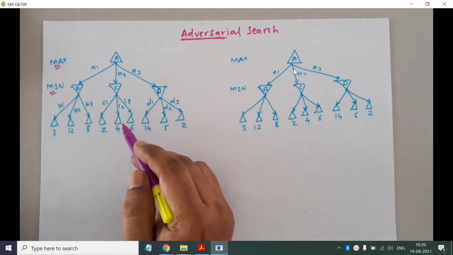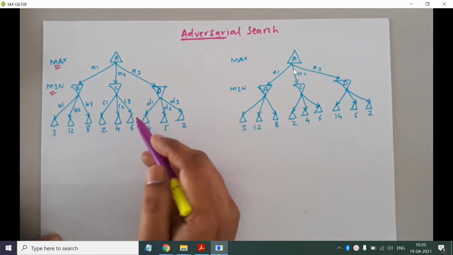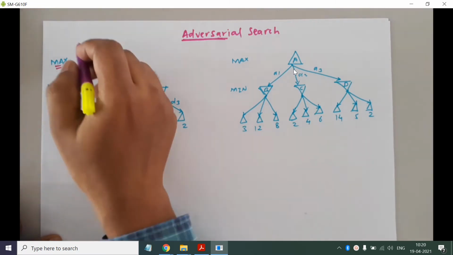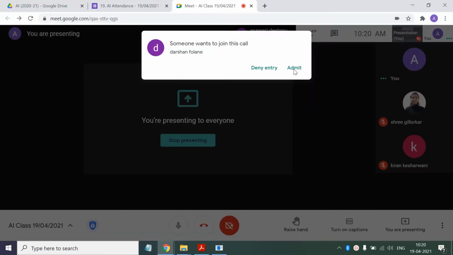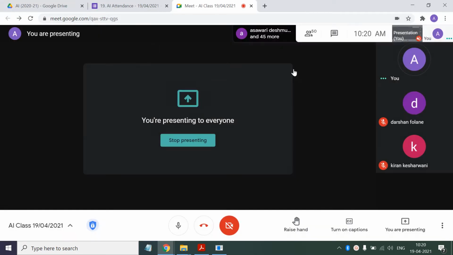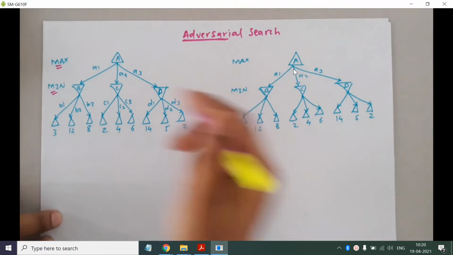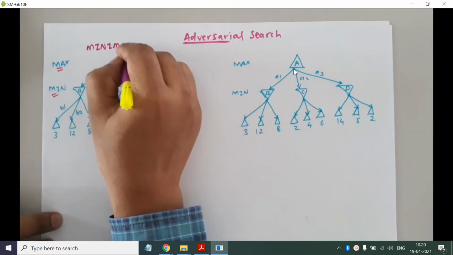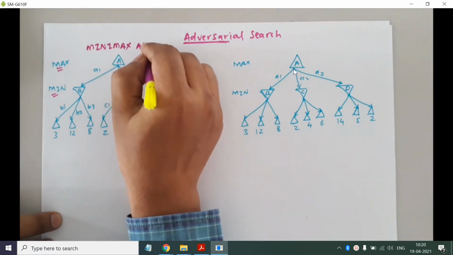Okay, now in order to determine the best action at any moment, we have studied two algorithms. First one is known as the minimax algorithm. So recall the recursive definition of the minimax algorithm.